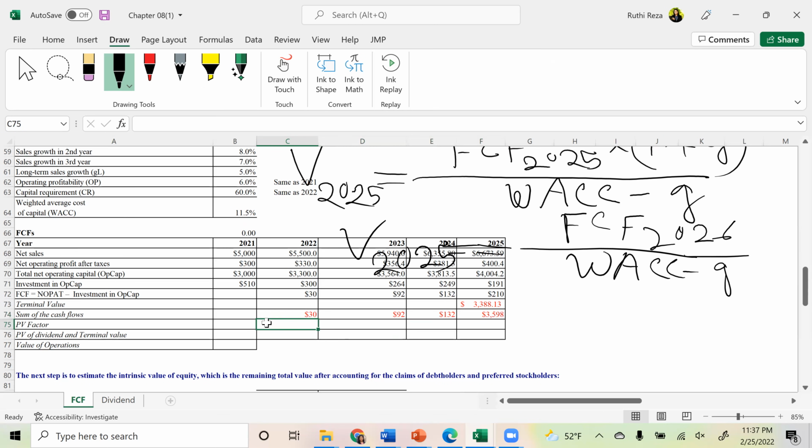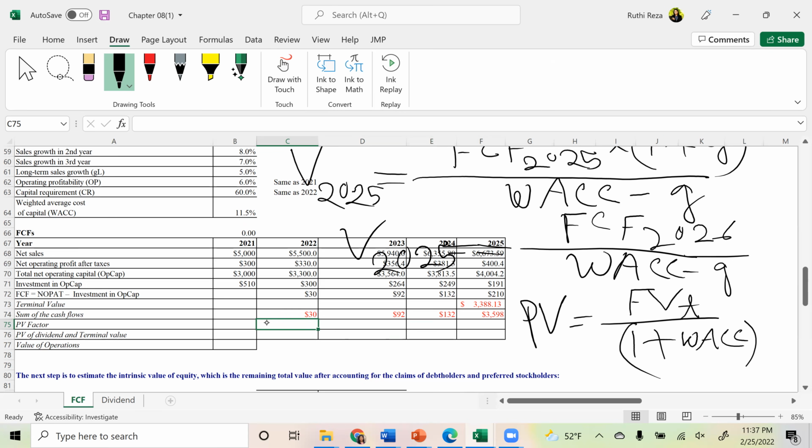Now we are going to calculate the discount factor. Remember, the present value formula is future value in the time period t over 1 plus your discount rate, whatever is your discount rate. In this case, our discount rate is weighted average cost of capital, to the power t.